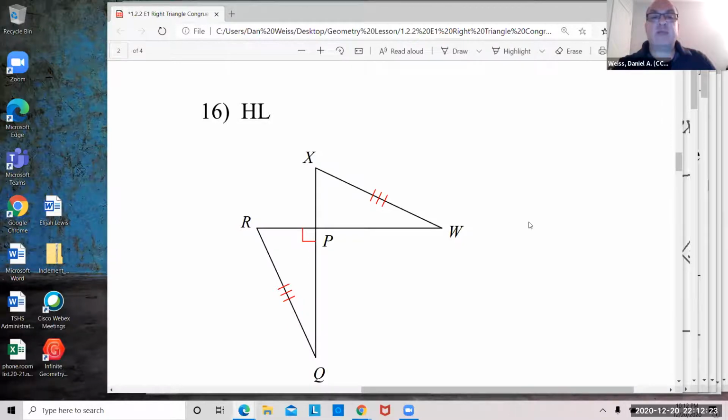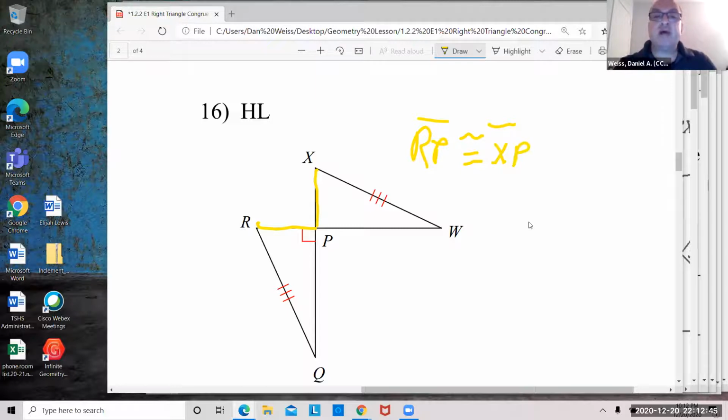Over here I have the hypotenuse in both triangles. So I would need one of two answers, okay? One could be RP congruent to XP. That would be a leg. So if I had RP congruent to XP, that would make hypotenuse leg.